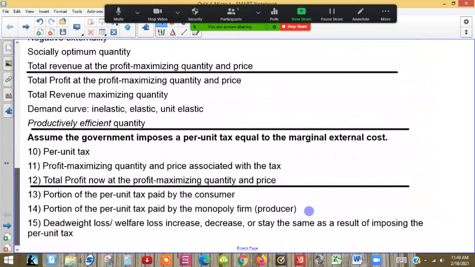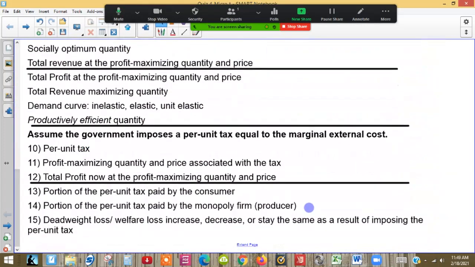Easy enough, right? And then lastly, what happens to deadweight loss in the monopoly firm, and what we're going to call welfare loss in the perfectly competitive market?